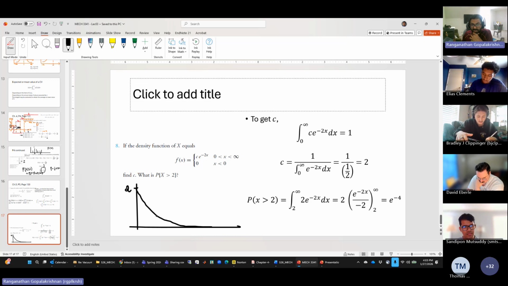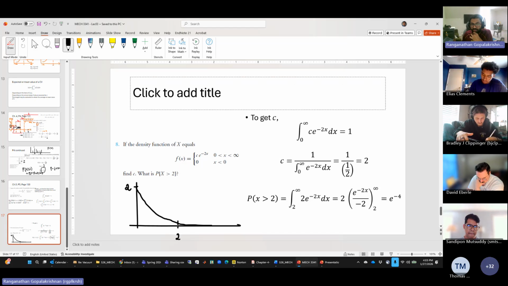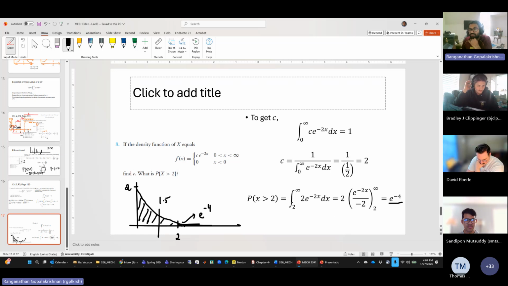So by the time it reaches 2, the probability of the values to the right of 2 is almost e power minus 4. E power minus 4, if you didn't realize, is a very, very small number. It's almost like an inconsequential number. You can think that most of the values of this function are already before 2, or if you do the calculation, they might be before about 1.5. After 1.5 itself, there might not be much left. It's mostly confined to 0 to 1.5.